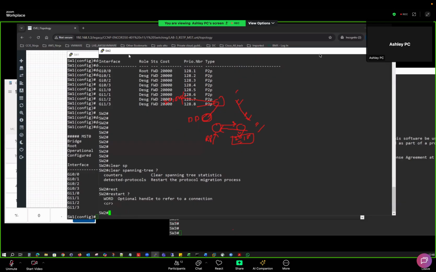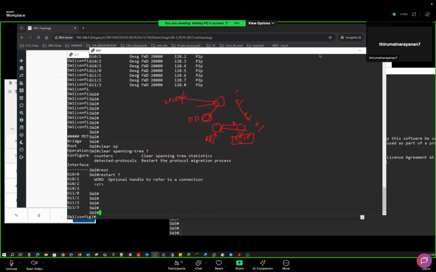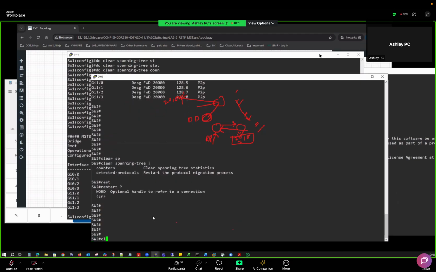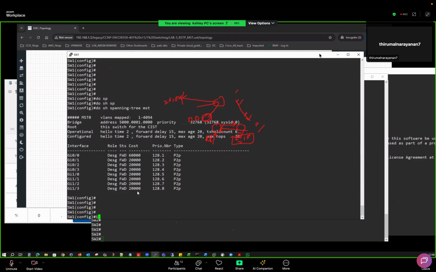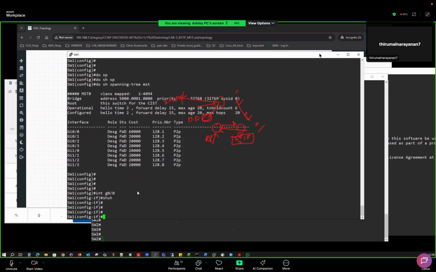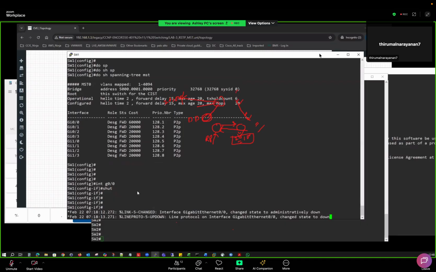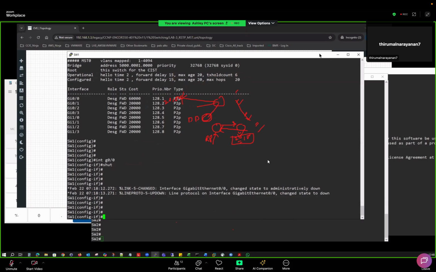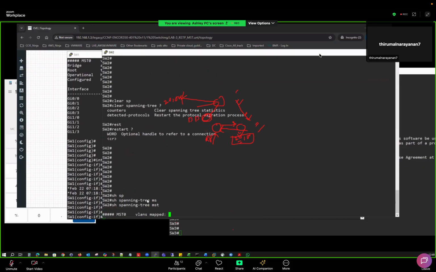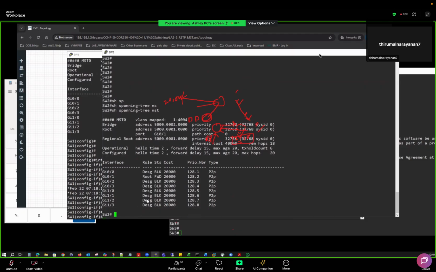Okay, no problem. It is going to take the effect. Gig 0/1 has become the root port.